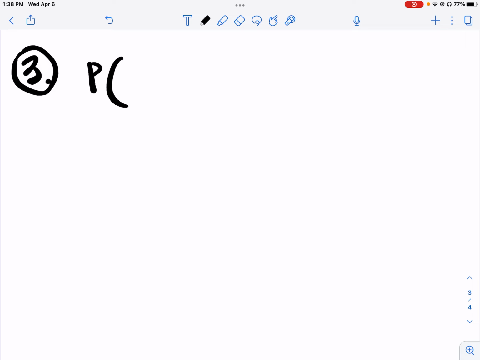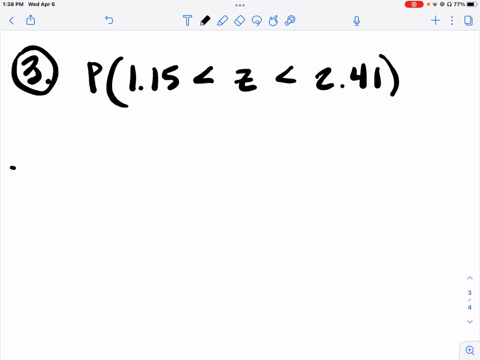Between. We want the area between two things. Okay, if we look up the bigger number, it will give us everything below. So that means we would have to subtract off what's below the second number.